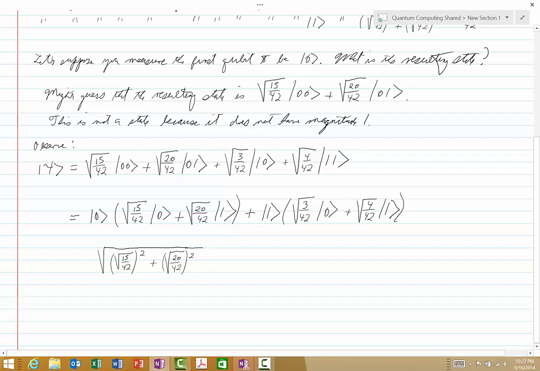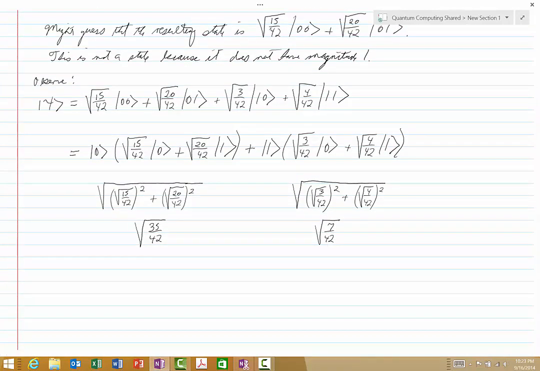And for the second term, we'll take the square root of the square root of 3 over 42 squared plus the square root of 4 over 42 squared. Now, when we do the arithmetic, squaring the first term gives us 15 over 42, and squaring the second term gives us 20 over 42. So we have the square root of 35 over 42. And similarly, for the second one, we get the square root of 7 over 42.